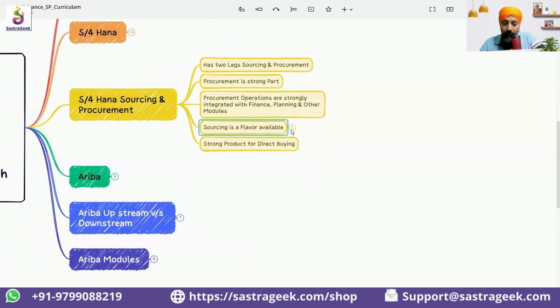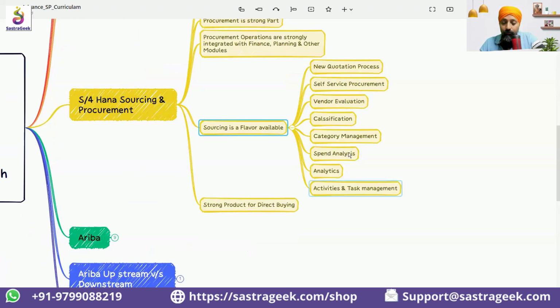Sourcing is just a flavor which is available. These are a few functionalities which have been added. Compared to ECC, S/4HANA has more sourcing, but compared to Ariba, it has very little. All these functions and features of S/4HANA we train in the SAP S/4HANA Sourcing and Procurement Excellence training.